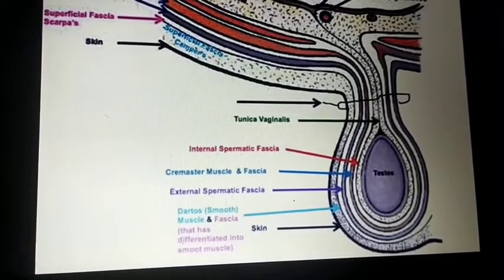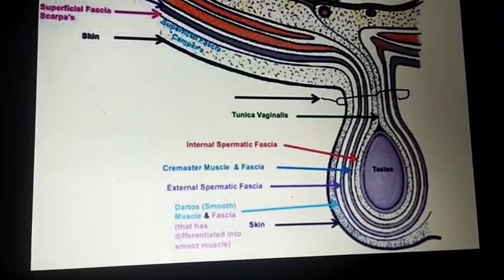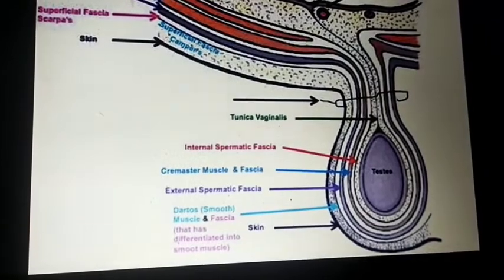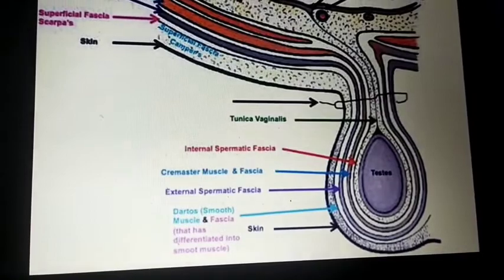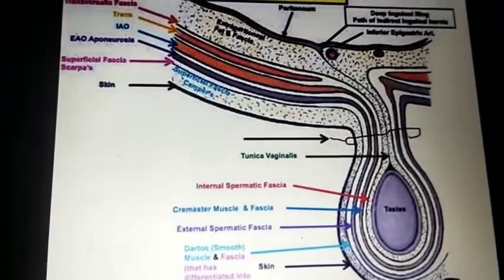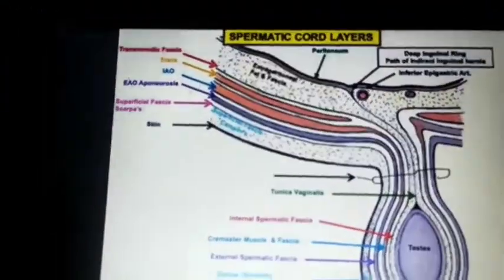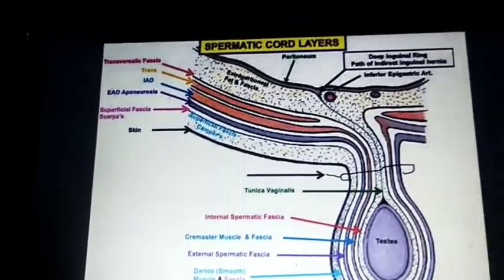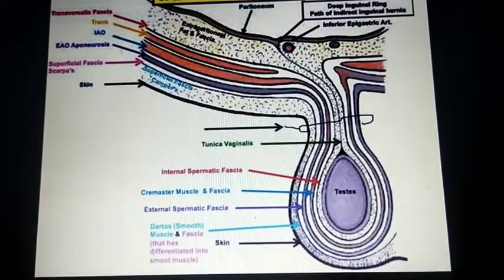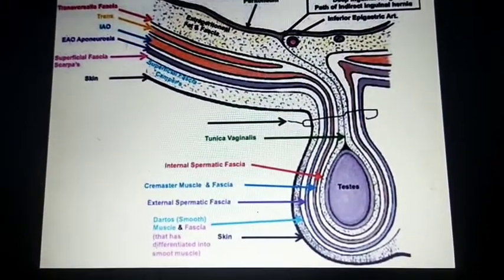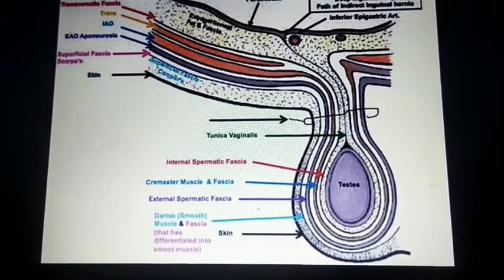The processus vaginalis is obliterated and converted into the tunica vaginalis, and that tunica vaginalis forms the parietal and visceral layers of the scrotum. This is about the layers of the spermatic cord and the layers of the scrotum.